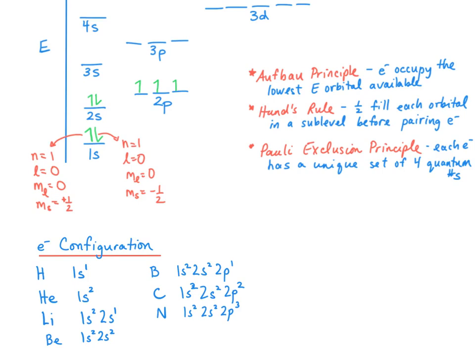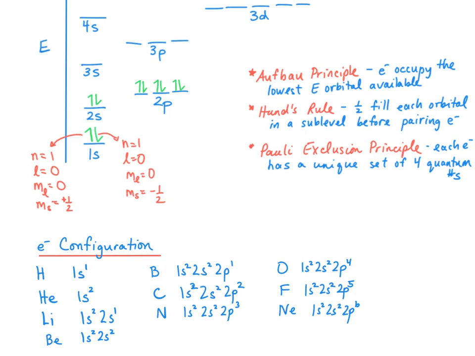So oxygen, fluorine, and neon. Here we go with oxygen, 1s2, 2s2, 2p4. There's fluorine, 1s2, 2s2, 2p5. And lastly, neon.